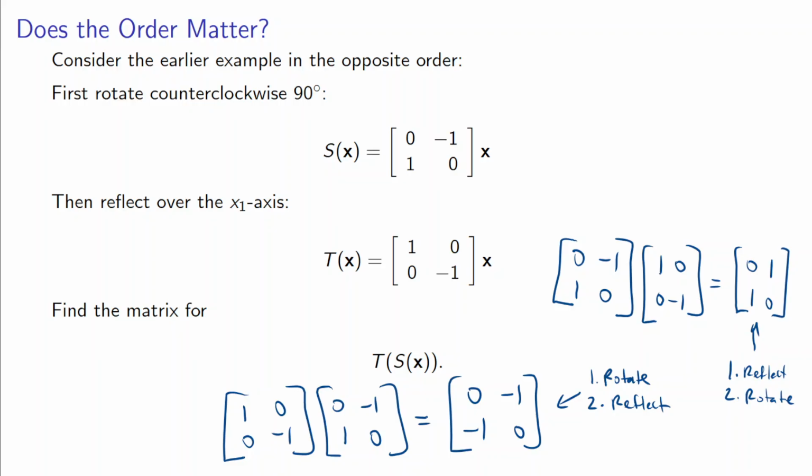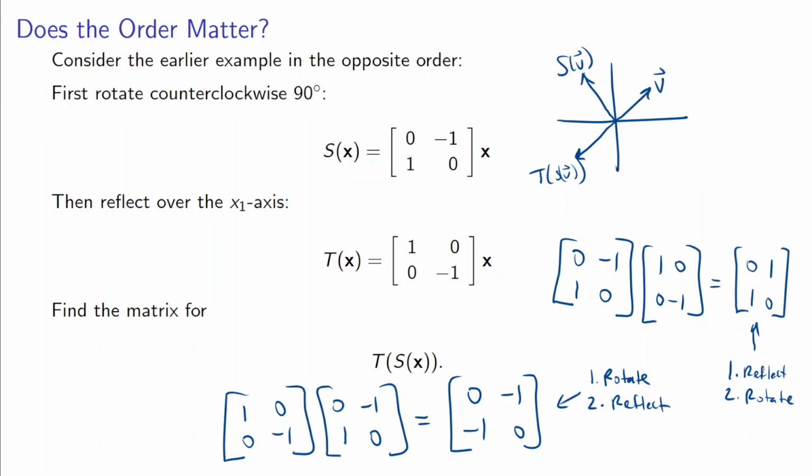If we think about this playing out geometrically, let me draw a vector here. Let's call this vector v. If I first rotate it by 90 degrees, so this would be S of v, and then I reflect it, I'm going to end up down here, T of S of v.